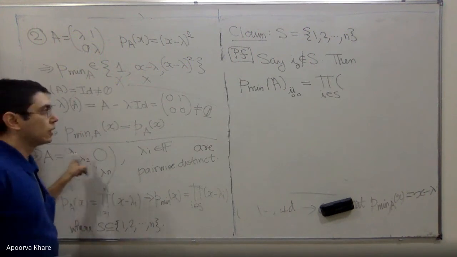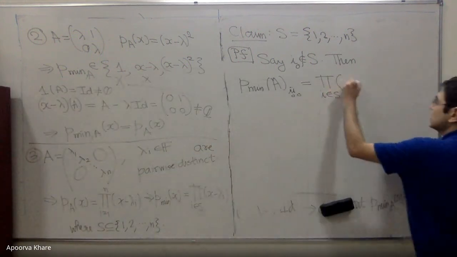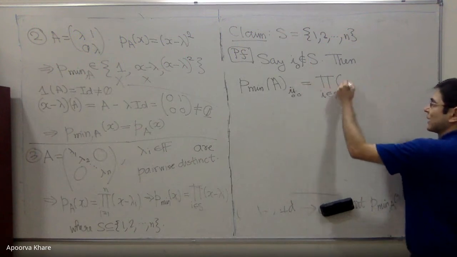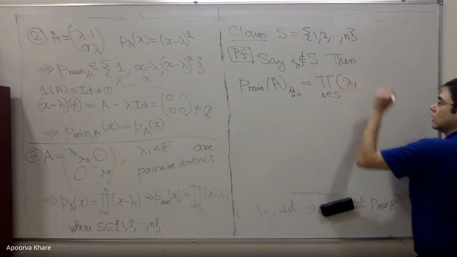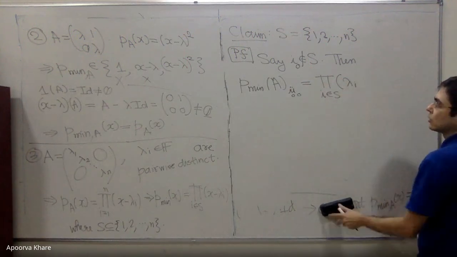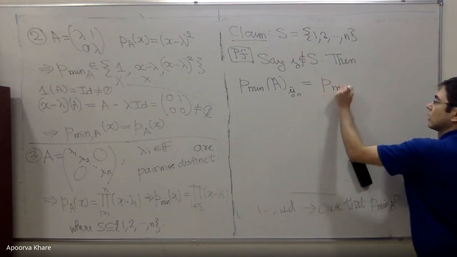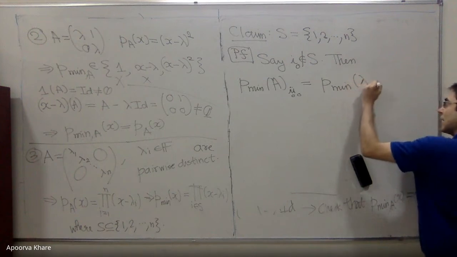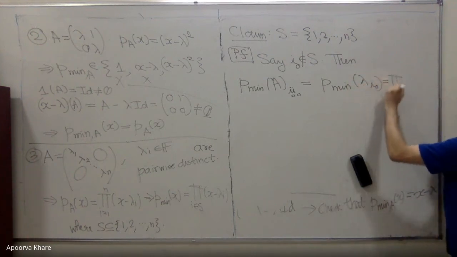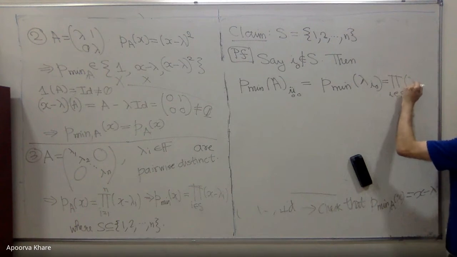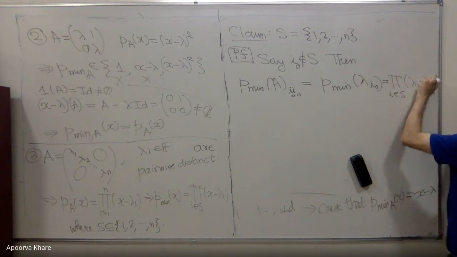It is going to be the product of whatever that entry was. So first of all, this is equal to P min of lambda i naught, and that is literally the product over i in S of lambda i naught minus lambda i.